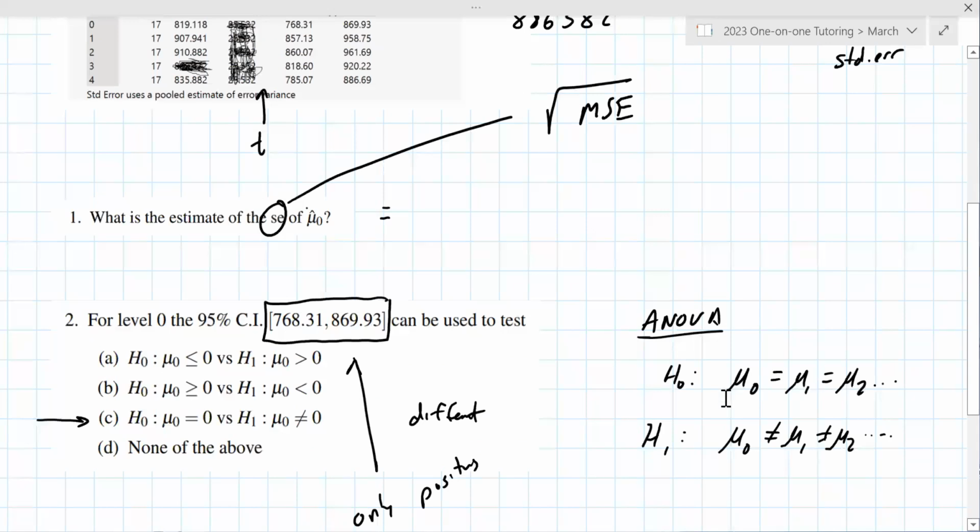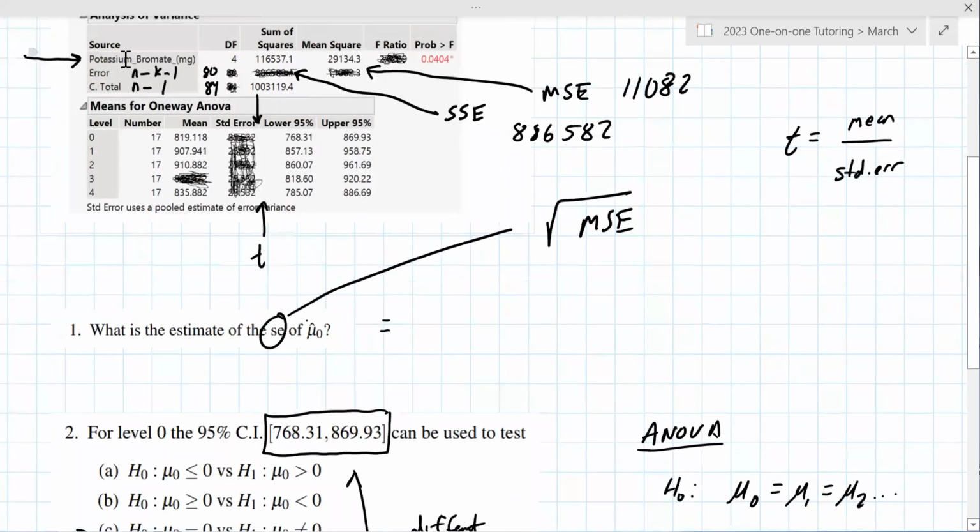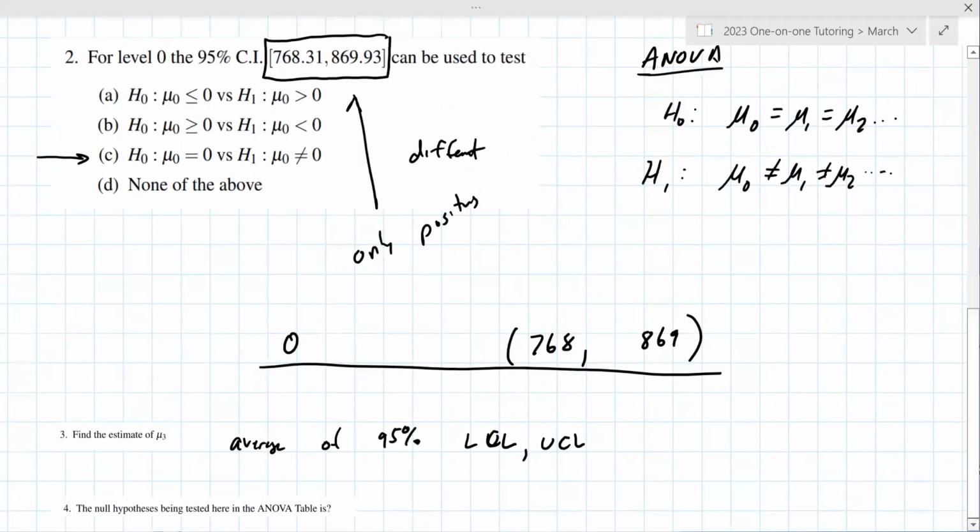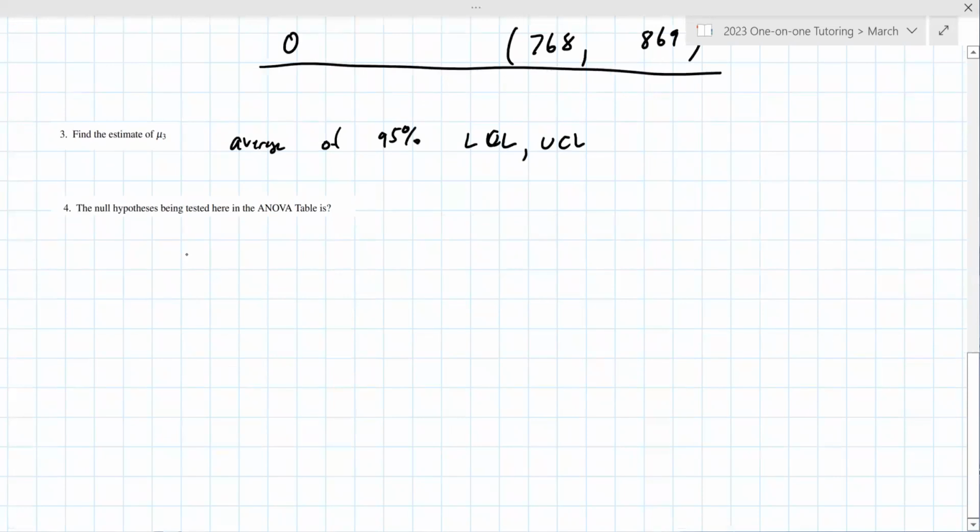They're all equal, but sometimes you have to give a context, like you just said, the potassium bromate ratio in bread. Because I don't think it's sufficient to just write mu0 equals mu1, mu2, mu3, mu4, although it may be, because there's 5 levels, there's 5 mus. Maybe that is sufficient.